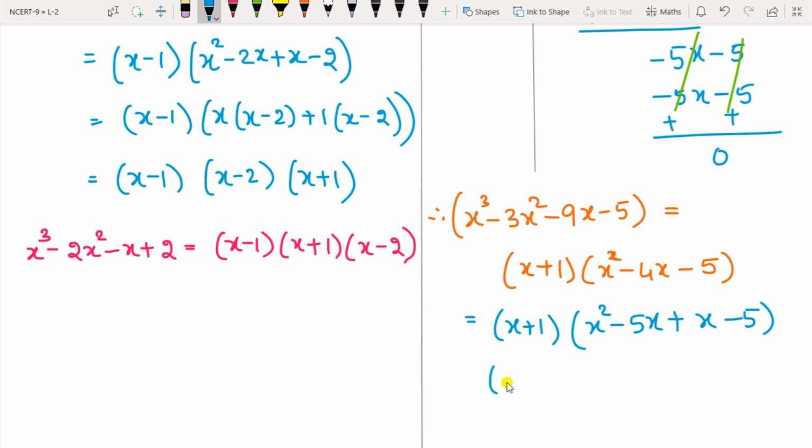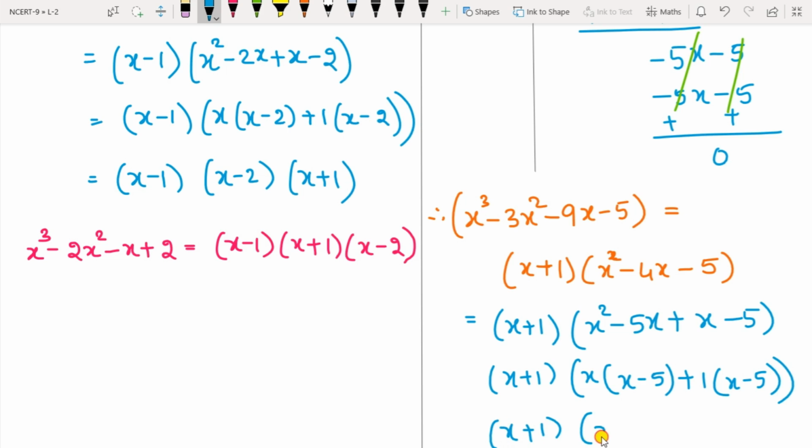Take common x minus 5 in these two, and x plus 1. So x plus 1 and x minus 5 are common.